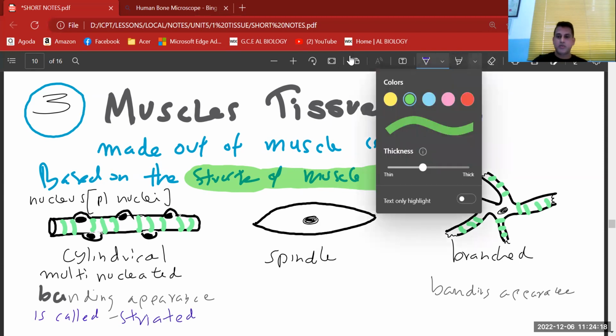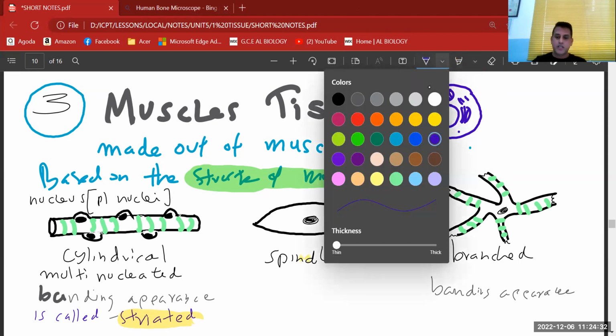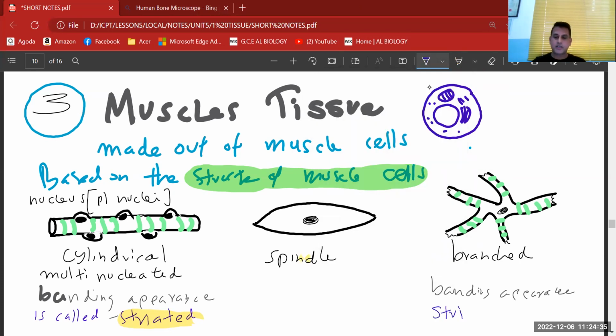So this could be a new word for you. The banding appearance is called striated. And this one is also striated. Single nucleus. Single nucleus. No striations.